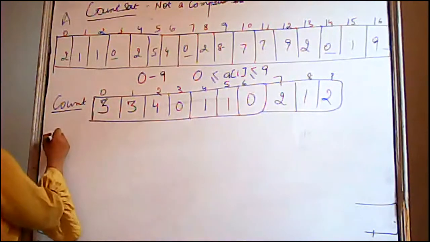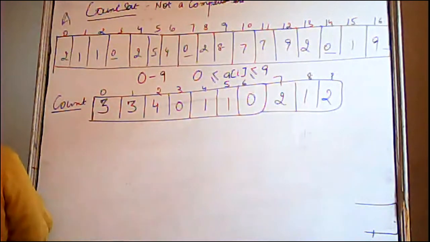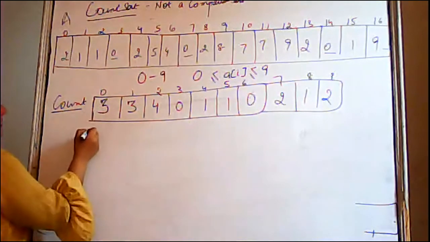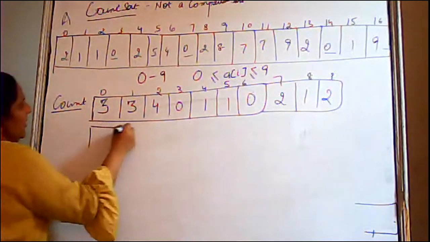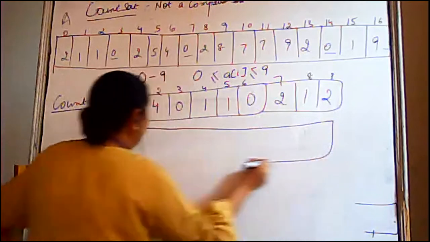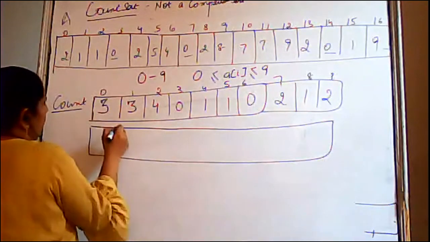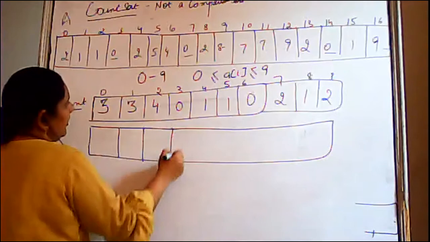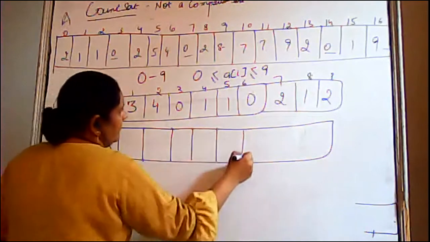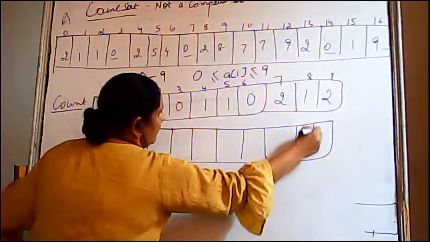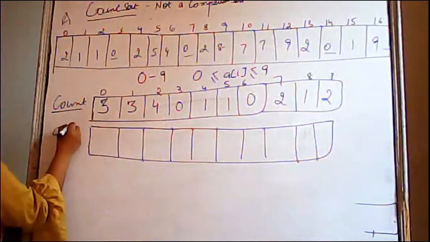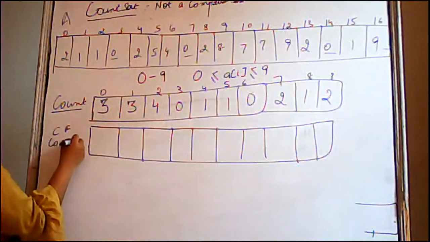Fine. Now you will make one more array, where you will find the running total of this. It is called the cumulative frequency count, CF count.